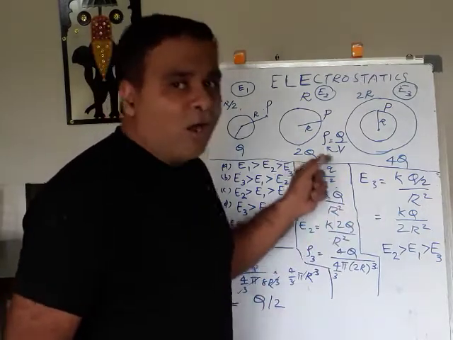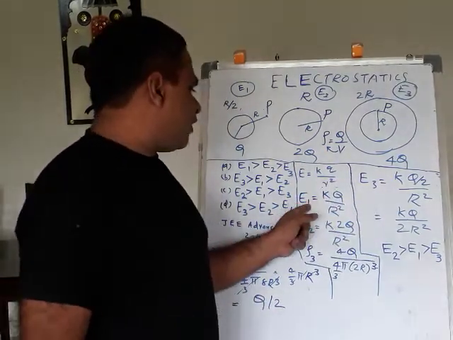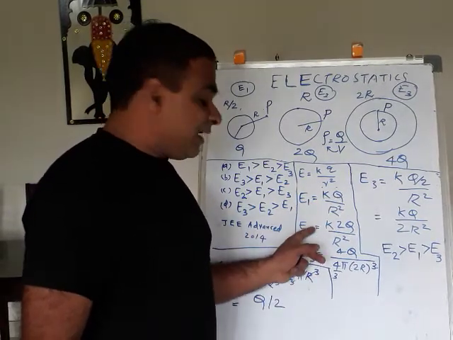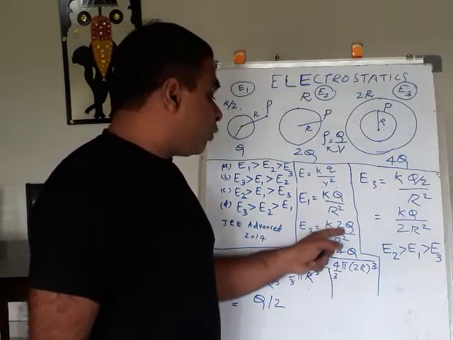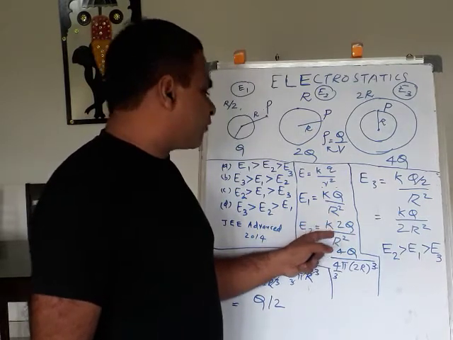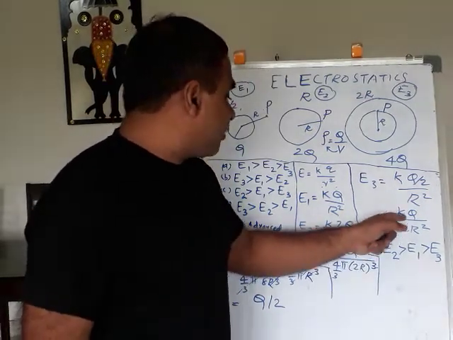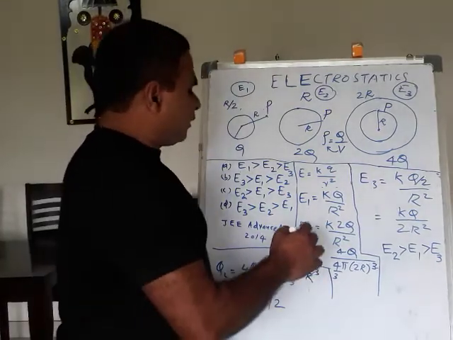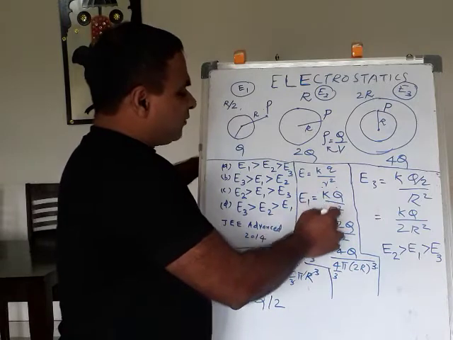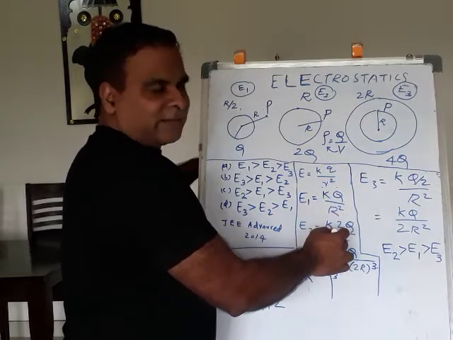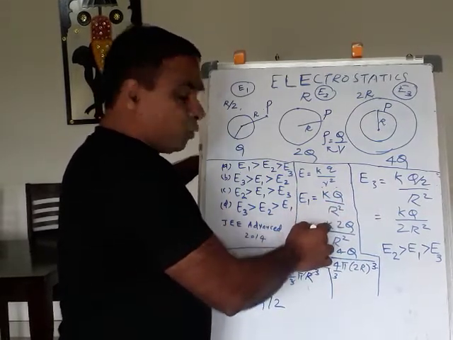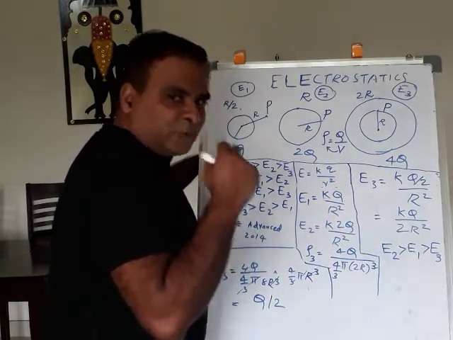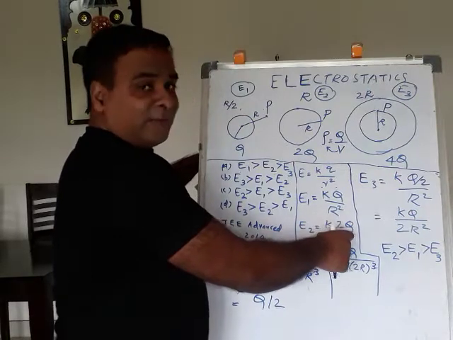So comparing all these equations: E1 is equal to KQ by R square, E2 is equal to K into 2Q by R square, or 2KQ by R square, and E3 is equal to KQ by 2R square. The biggest one is E2, 2KQ by R square.